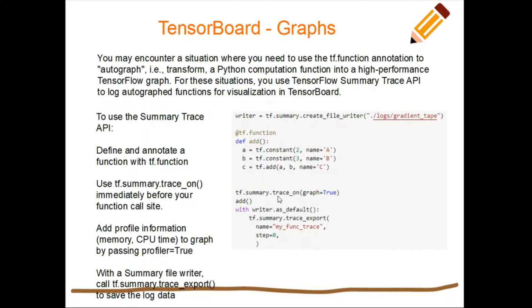So we turn on the trace, and then we execute the function and then write it to the writer that we created earlier. That is the idea of capturing the graph in TensorBoard 2. And we will see all this in the notebook. This is just a basic explanation that I'm doing right now.